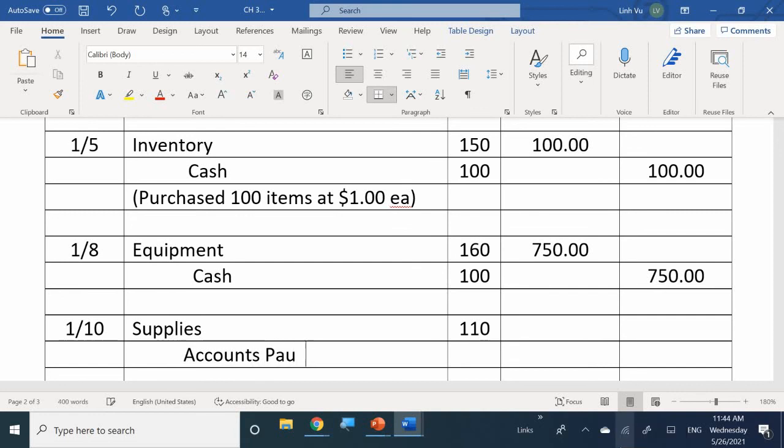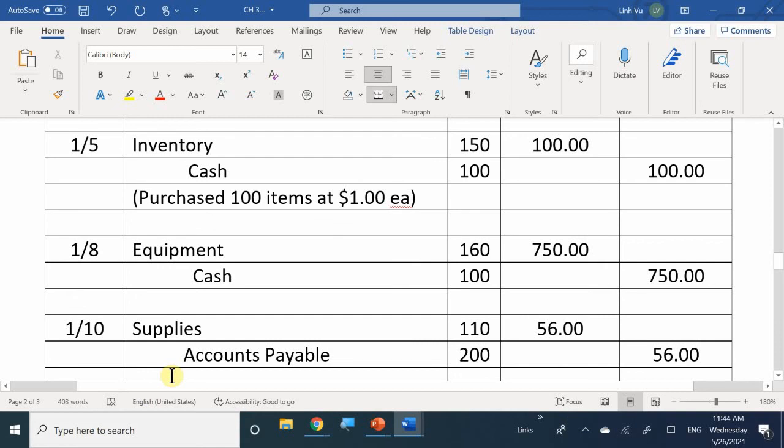Therefore, accounts payable is going to be on my credit side. And it was account number 200. Now, how much did I spend here? How much did I purchase? 56. $56 worth. And therefore, I owe the vendor $56.